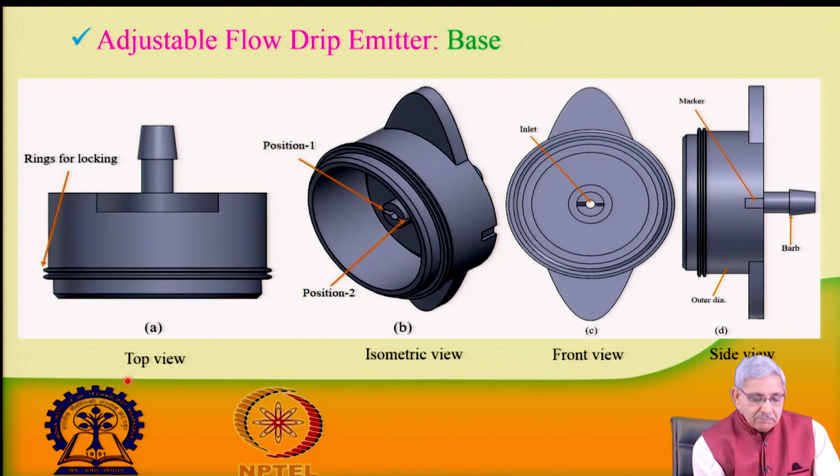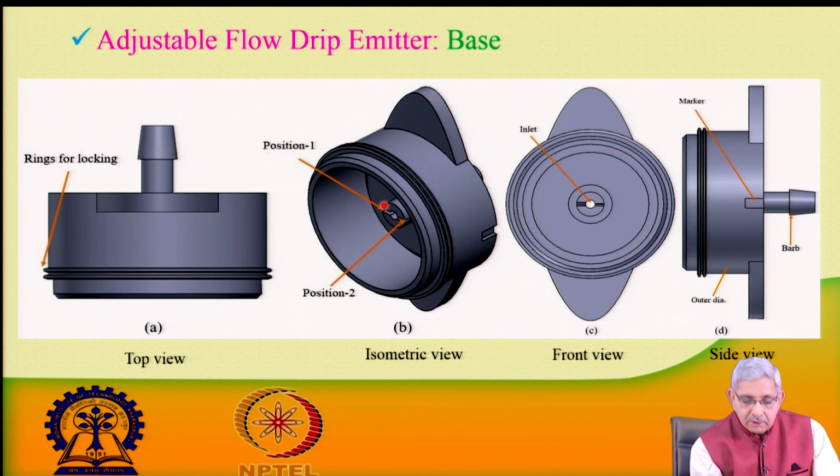This is the top view of the base of the adjustable flow dripper, and the same component we can see in isometric view. Inside this base there are 2 positions which are shown.